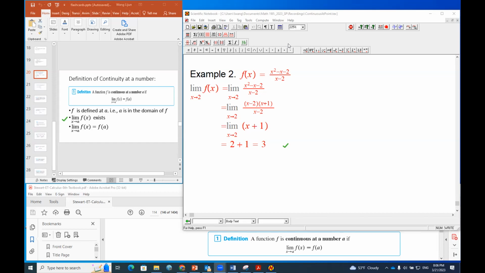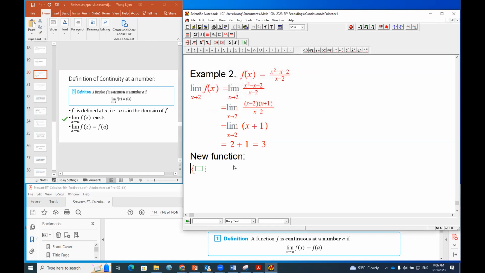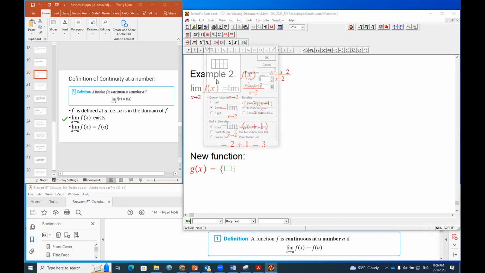Okay, so we're going to create a new function. I'm going to call the new function g. This function is defined in the following way.